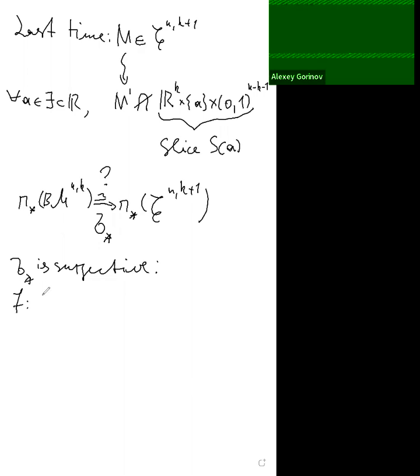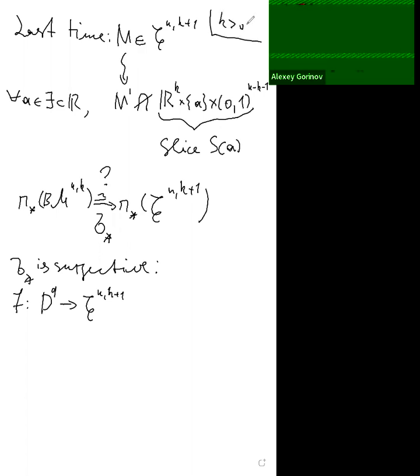So we start with the map F, which goes from D^Q to C_{n,k+1}. And by the way, let's recall that we assume that k is greater than 0.